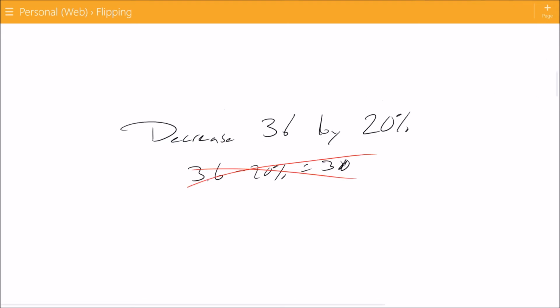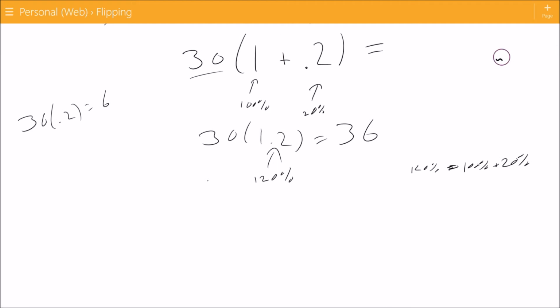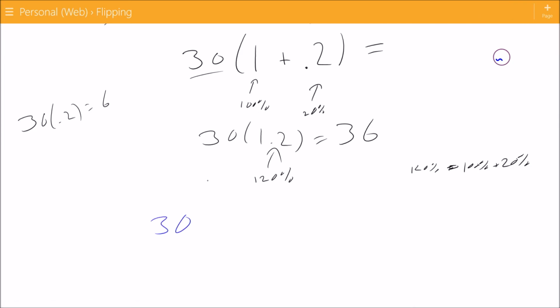Well, let's take a look at this as a fraction. What this really is, this 1.2, we can think of in terms of 30 times 120, that's the percentage that we talked about a little bit earlier, over 100. The word percent literally is per 100.